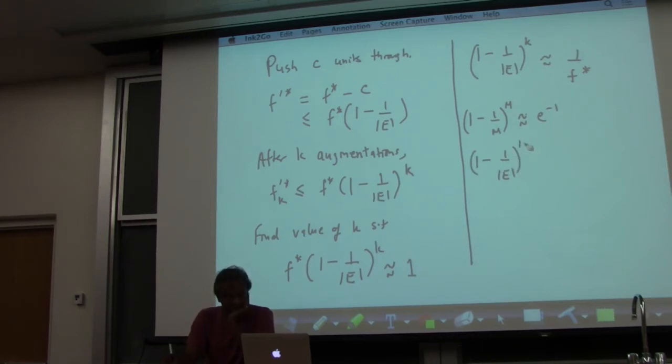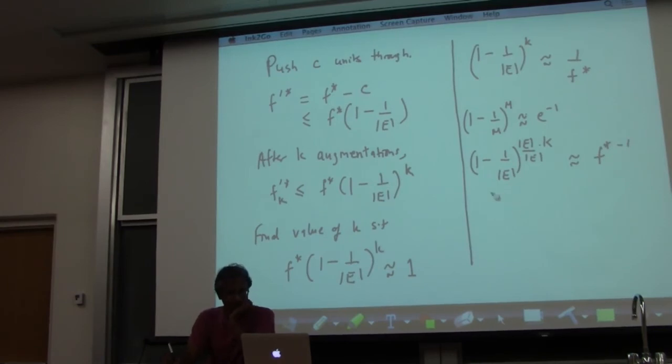Okay. So then I have to divide by e as well to make sure I didn't change my expression. Times k. Okay. Roughly equal to f star to the minus 1.